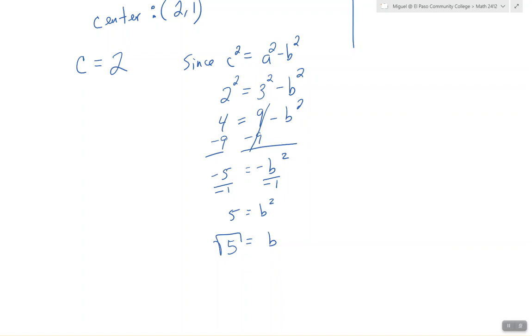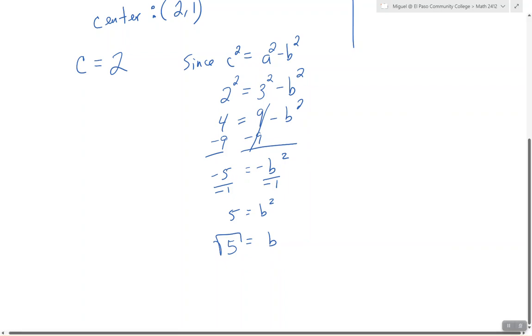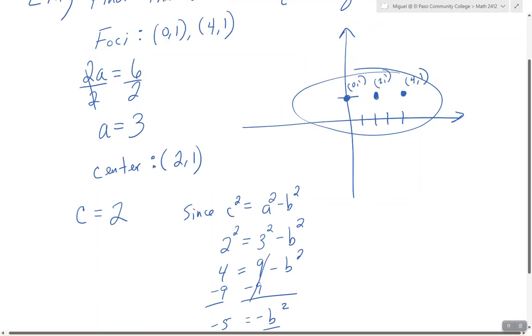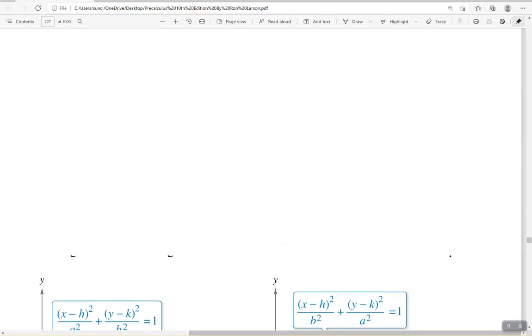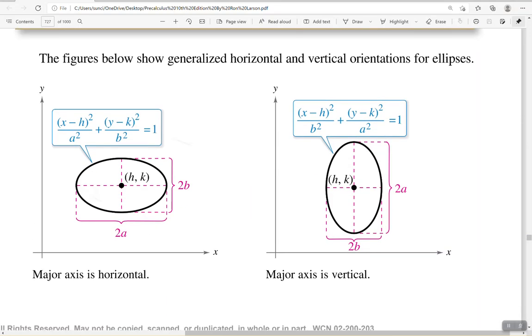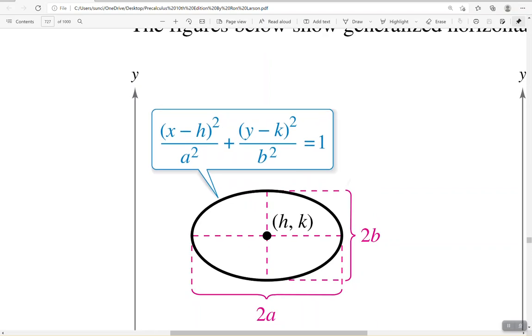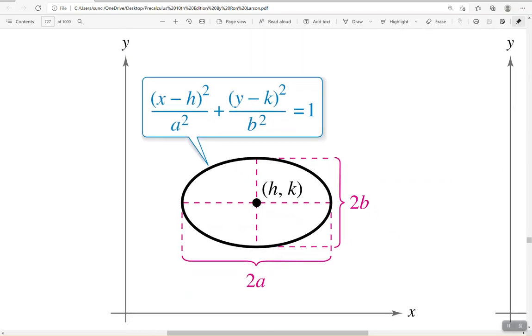The major axis is horizontal, which we knew from our sketch, right? So we can use the horizontal equation. Oh, it's right here. So this one, right? So the a squared will be under the x term as opposed to the y term because it's horizontal. Let's write that here.